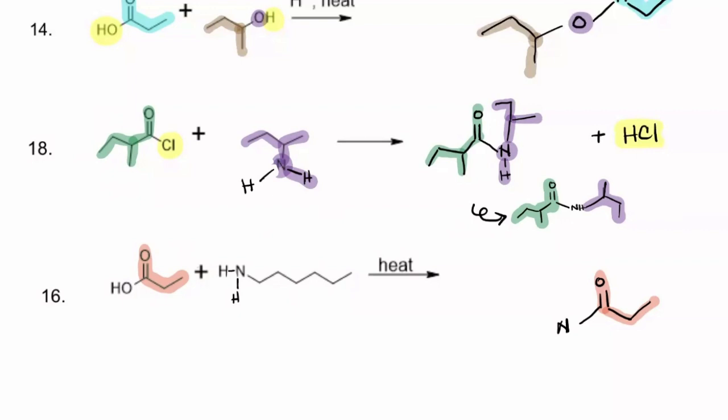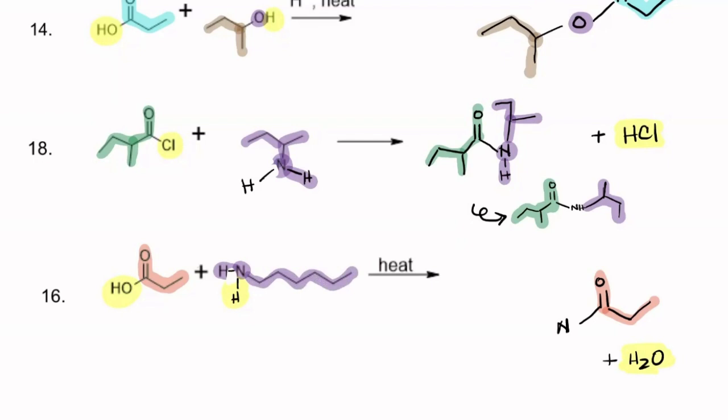Different from the acid chloride, if I combine one hydrogen to OH, instead of making HCl, in this amidation, I'm going to make water. My nitrogen atom still is connected to one hydrogen, and then the rest of the molecule.